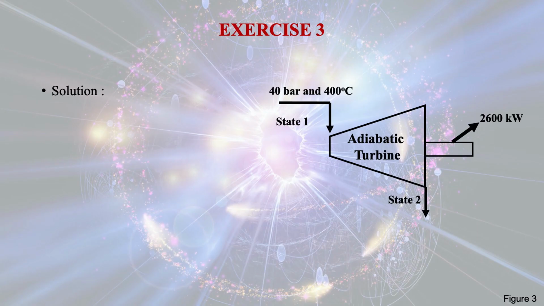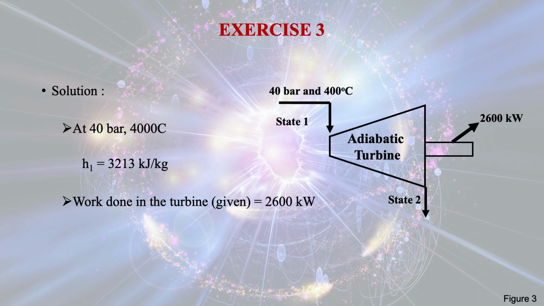So this is the adiabatic turbine. At state 1, the pressure and temperature are given as 40 bar and 400 degrees centigrade, and the turbine is producing 2,600 kilowatt of power and leaving at state 2.